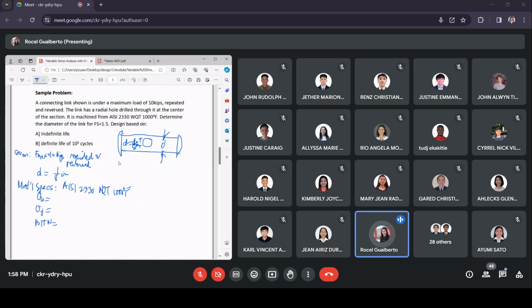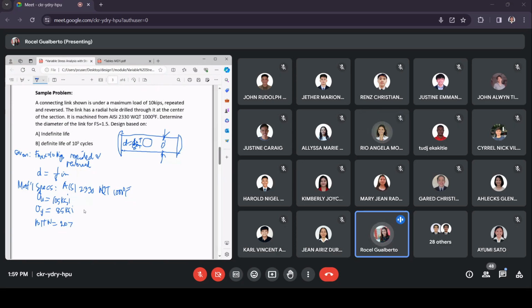What are the values? You use table 89. Okay, this is 105 KSI. This is 85 KSI. And BHN is 207. Kindly check if it is 207. Yes, 207.